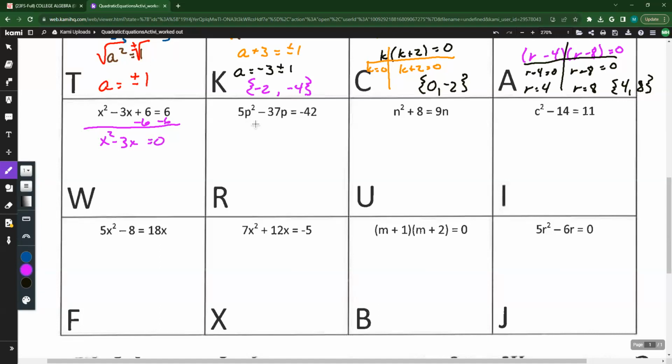This is a nice one that hopefully you recognize that you can factor out that x, just like we did on an earlier one, where this becomes x times (x minus 3). And now you can solve each one of those. X equals 0, x minus 3 equals 0. So your answers are going to be 0 and 3.